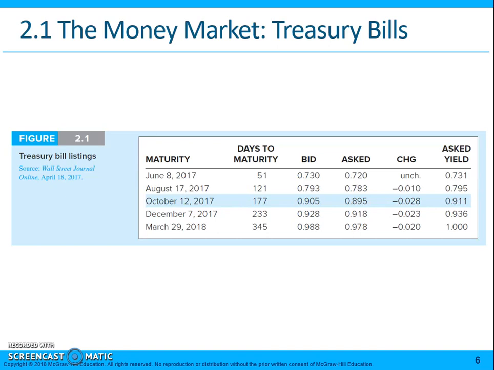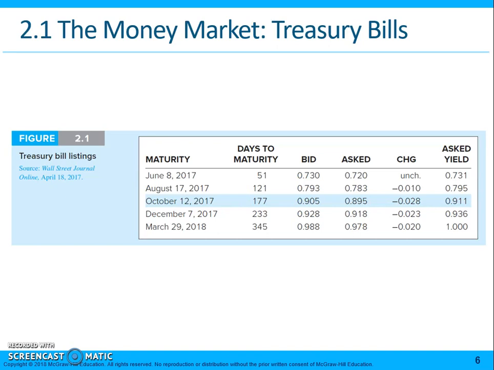If we just go by example, the October 12th, 2017 maturity is going to mature in 177 days. The discount rate is 0.905, or 0.905%, or 0.9% basically.